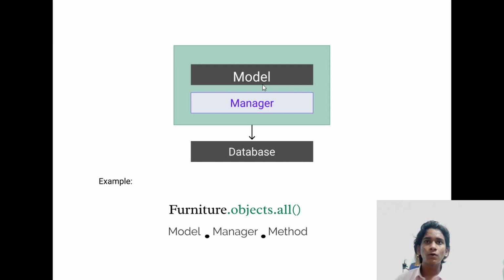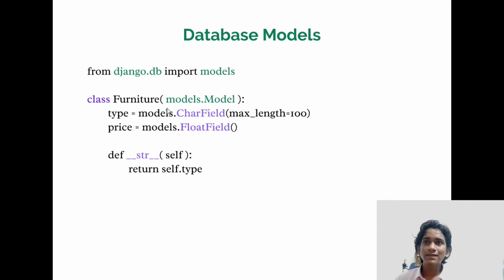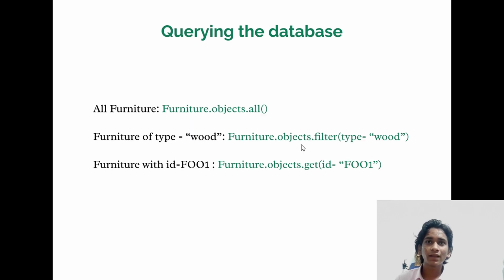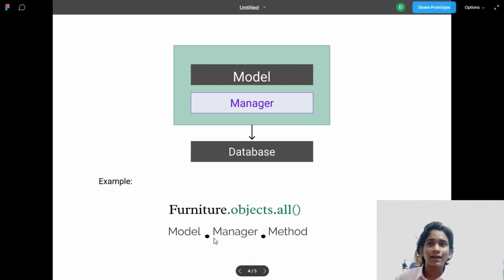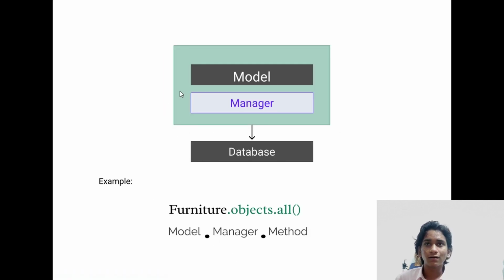Like if you go over here, you can see that we have done Furniture.objects.all, objects.filter, objects.get. Now what is this objects? This objects is the manager. Below this diagram you will see Furniture.objects.all.